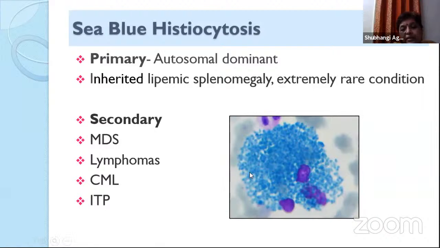So whenever you get a sea blue histiocyte in the bone marrow, look for these disorders. That is MDS, lymphomas, CML, ITP, and also sometimes Niemann-Pick disease, which is a primary storage disorder, but it can also show you sea blue histiocytes in the bone marrow. The sea blue histiocyte name is derived from the cytoplasm, which is really sea blue, and this is the nucleus of the cell.